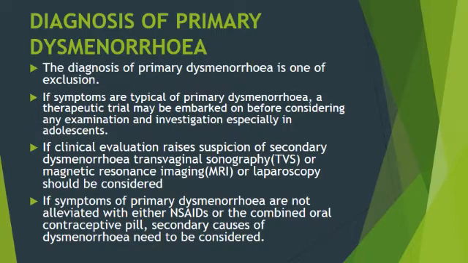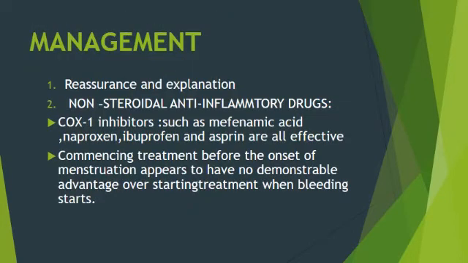If clinical evaluation raises suspicion of secondary dysmenorrhea, transvaginal ultrasonography or even MRI or laboratory tests should be considered. If symptoms of primary dysmenorrhea are not relieved by either non-steroidal anti-inflammatory drugs or combined oral contraceptive pills, secondary causes of dysmenorrhea need to be considered.